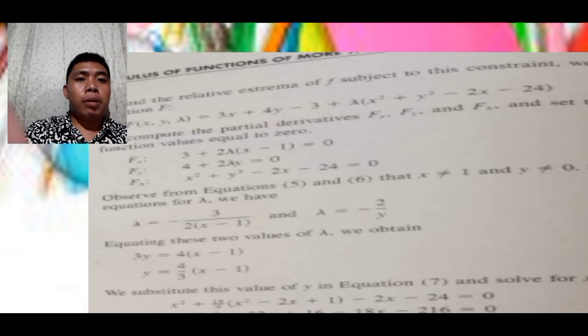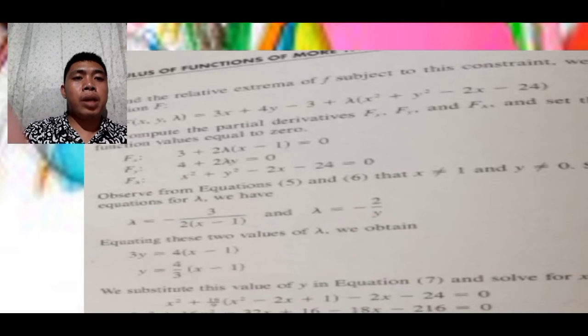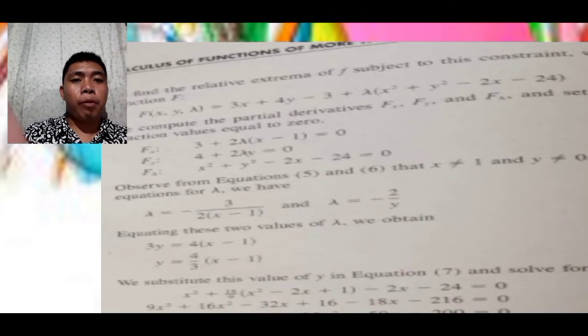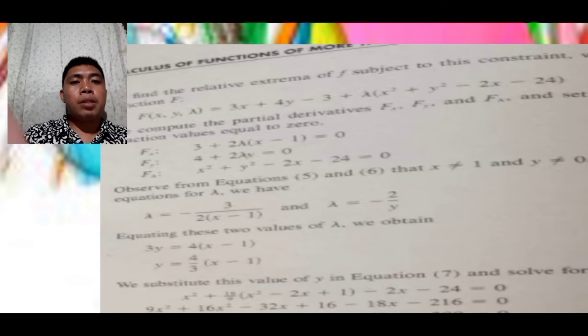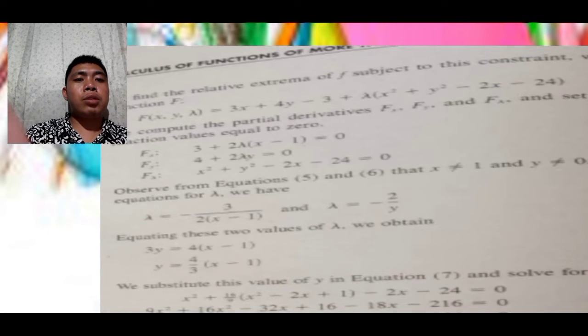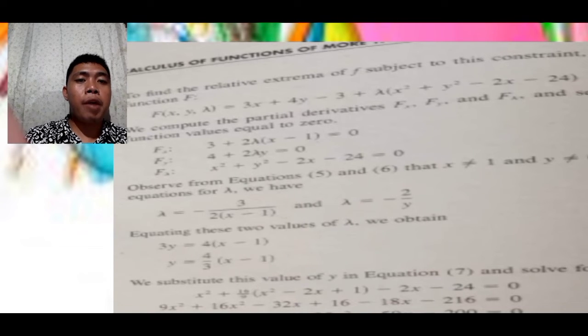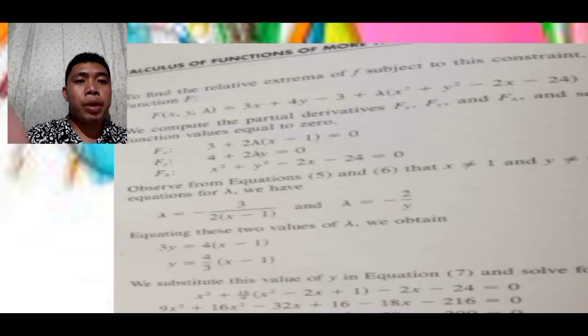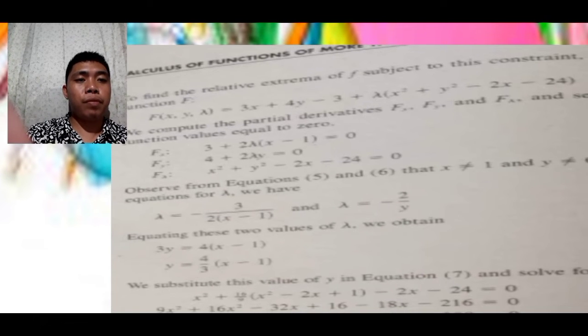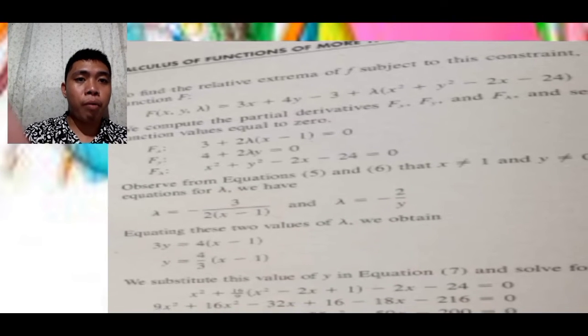F sub x: 3 plus 2 lambda times (x minus 1) is equal to 0. F sub y: 4 plus 2 lambda y is equal to 0. F sub lambda: x squared plus y squared minus 2x minus 24 is equal to 0.